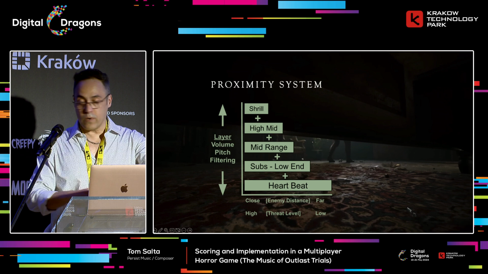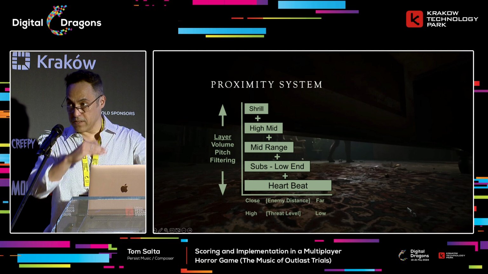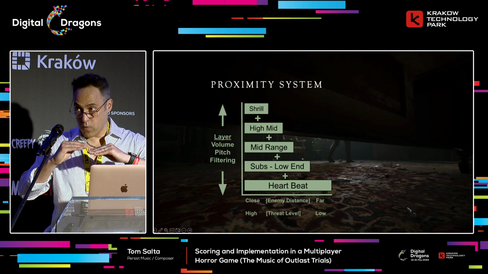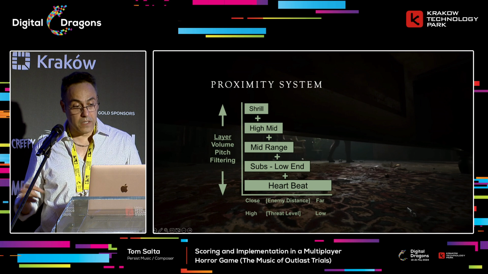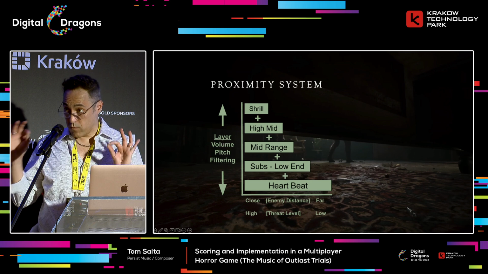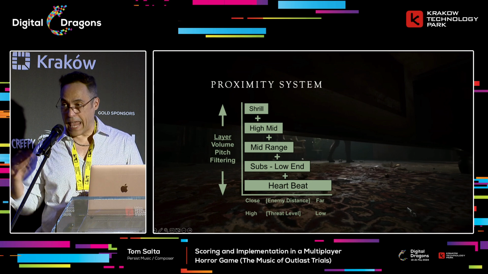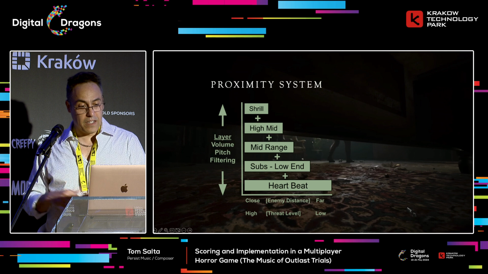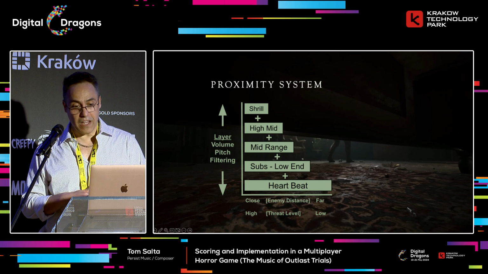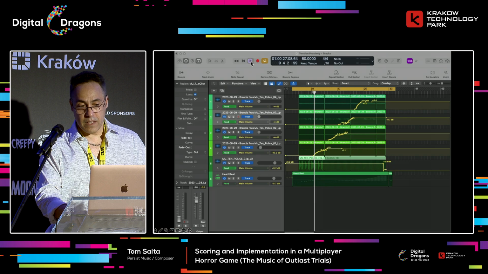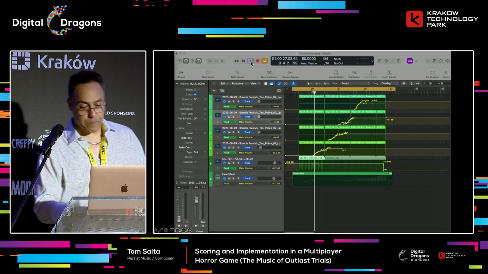But in addition to it, some other layers will start to come in, some aleatoric layers to make it more and more and more tense. And it's all based on parameters in the game in real time, moment to moment. So the enemy distance, the threat level, their awareness, things like that. This is what it sounds like.